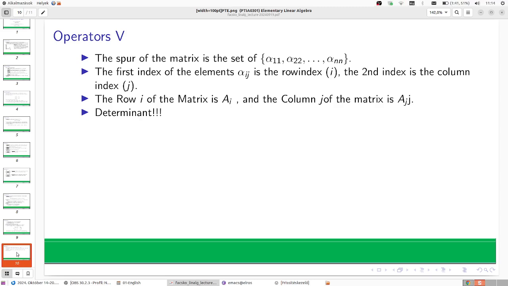For example, A operator plus B operator is nothing more than adding the elements.